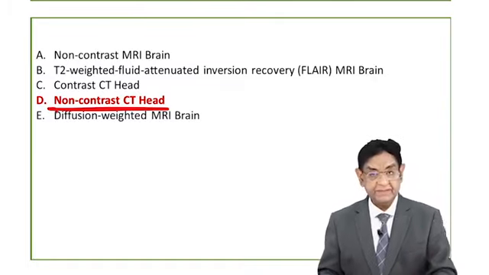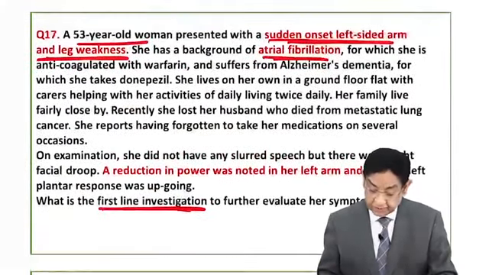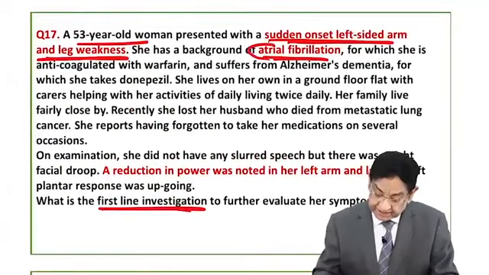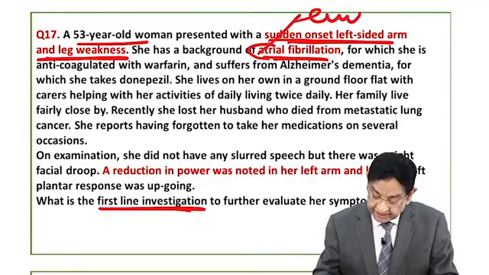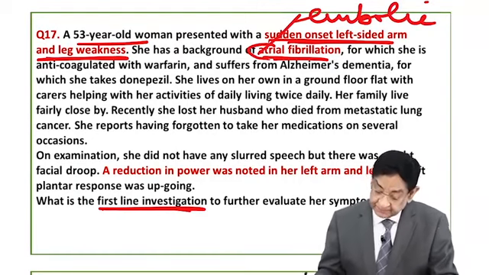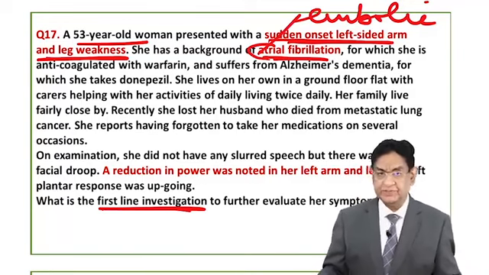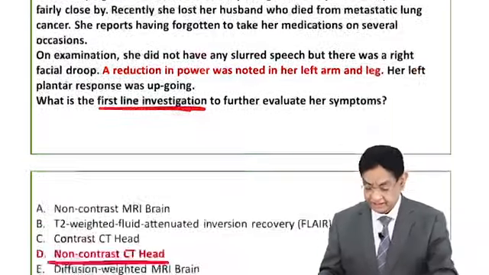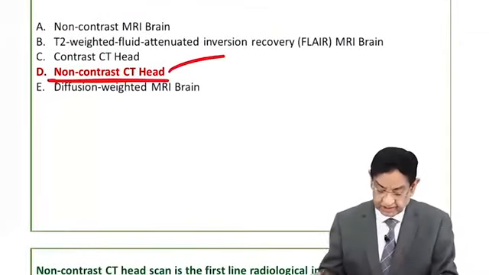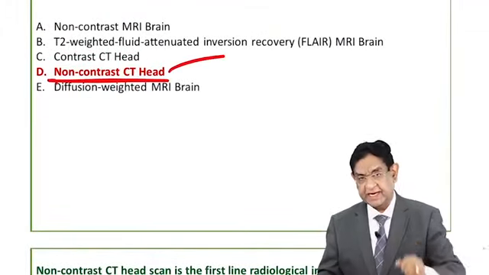The basic concept, point to be noted: atrial fibrillation is there. That means embolic phenomena has occurred. So, golden line what we learned in the previous question: for any stroke case, first thing to be done is non-contrast CT scan.